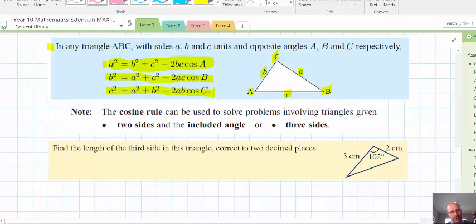Now if that seems a little bit daunting, there are patterns to help you remember it. If you are chasing side a, trying to find side a, you would have a squared as the subject. You'd also have the angle A at the end. See that pattern?